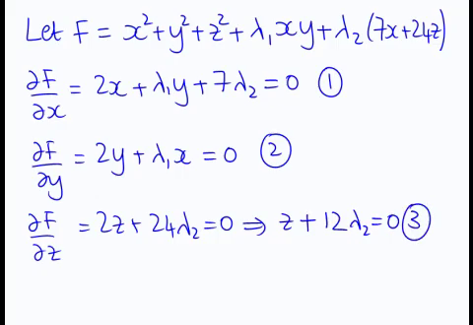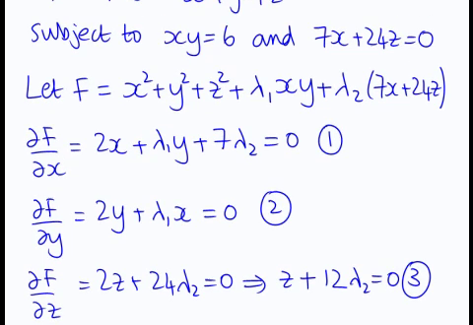So I have 3 equations here, and if I scroll back up a little bit, I have 2 more equations. That's equation 4, xy equals 6, and equation 5, 7x plus 24z equals 0. Those are the constraints.